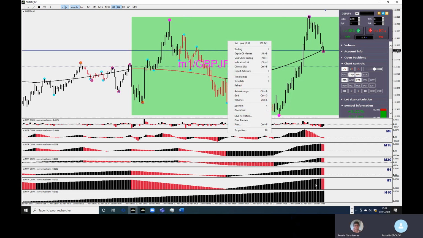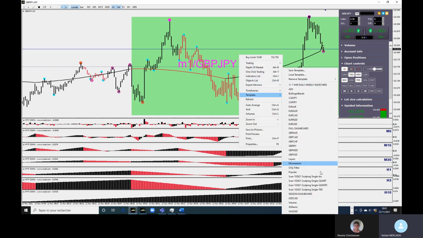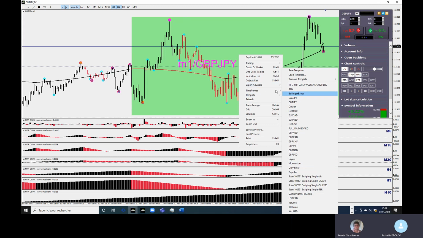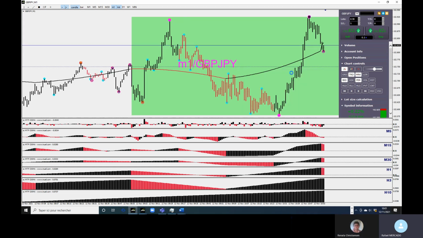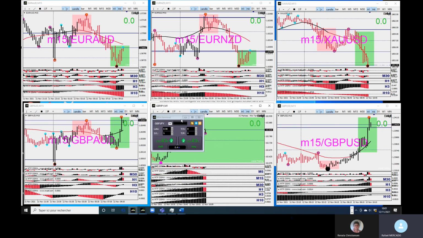So I'm going to make 1 minute. This is my new template, and save template. This is a long process, but I think it's very important.